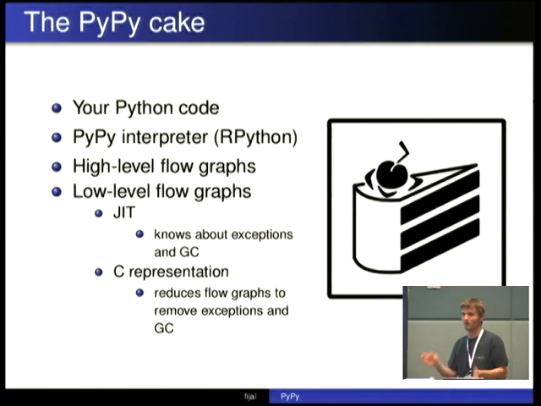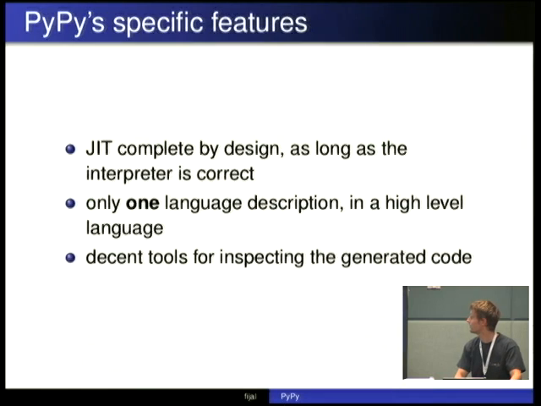Our JIT doesn't know about Python at all. Our JIT only understands RPython, and not even completely. It's written as a graph transformation operation, essentially. So you create code for the JIT or code for C, but all this stuff is generated from a single source file.